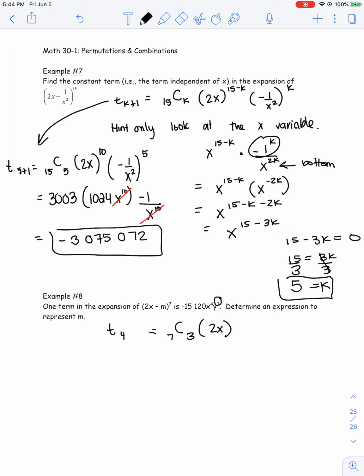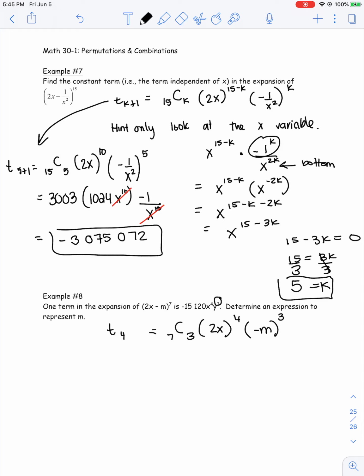And then we'll put 2x, which is our x value, to the power of 4. That's how we're going to get that x to the power of 4. And then our negative m is going to be to the power of 3. So what we want to do is solve for m.